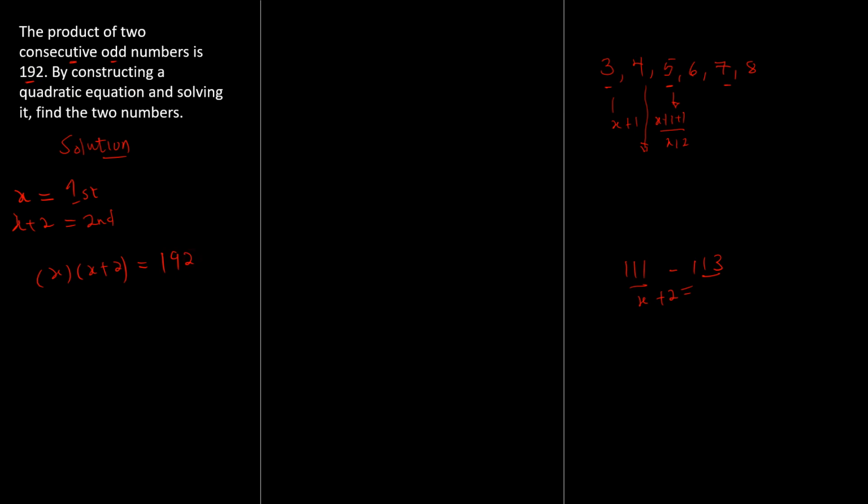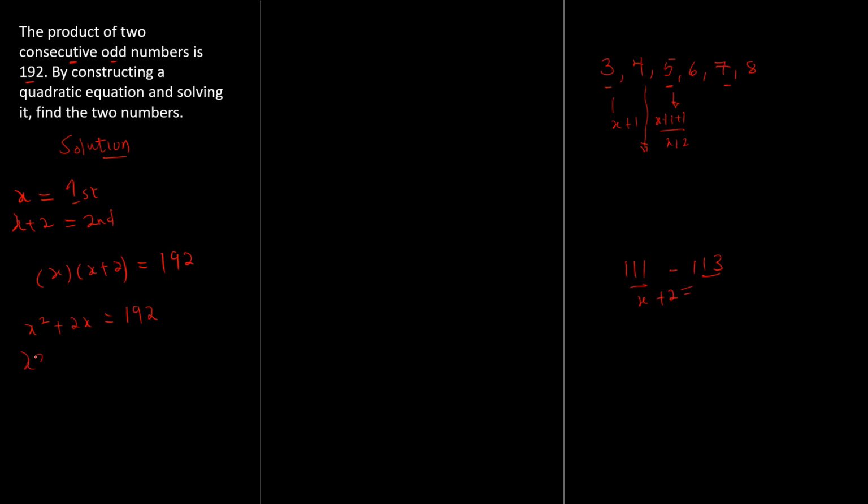Now we should realize that this will automatically form a quadratic equation, and the question gave us a hint that we are supposed to construct a quadratic equation. So we are actually on the right path. When you expand this, you are going to get x squared plus 2x, and these are equivalent to 192. From here we are definitely going to use this as a quadratic equation, and then we'll solve it.